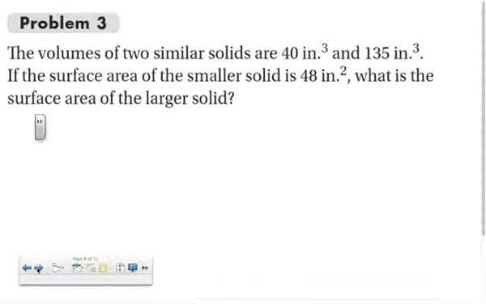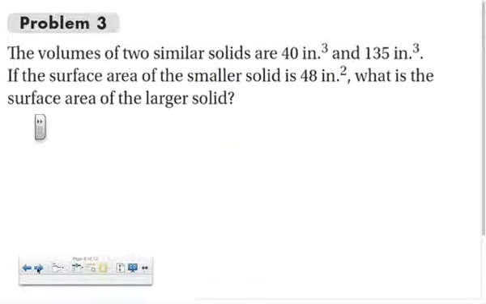When we knew the volumes, how did we work backwards to find the scale factor? We took the cubic root. Okay, so some of you might be keying into your calculator and taking the cubic root of 40 and taking the cubic root of 135, and then you're cringing. Why? Why are you cringing?